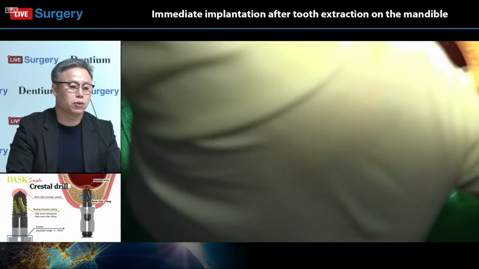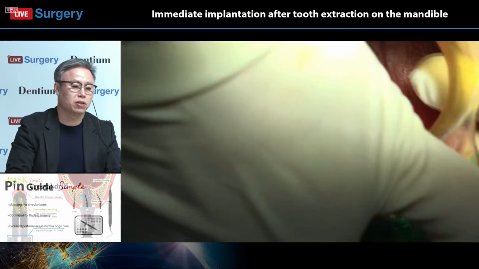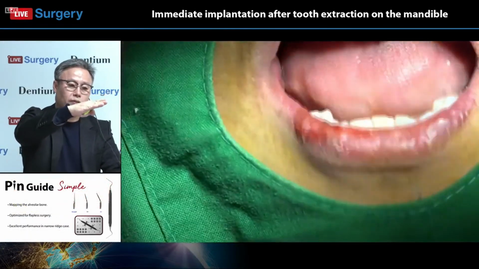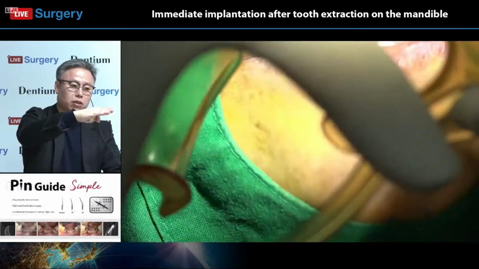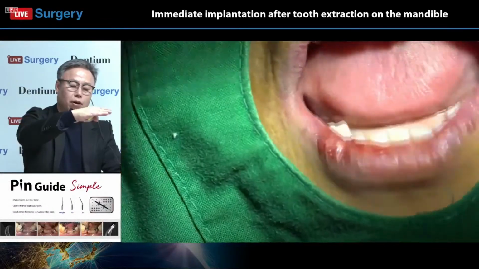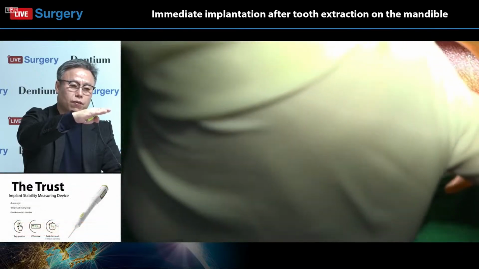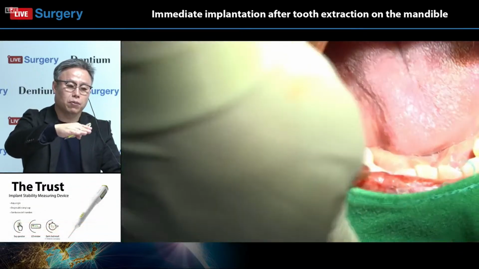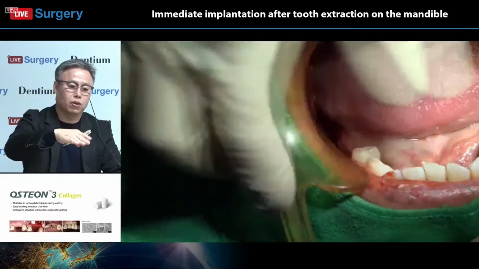I prefer using an incision, actually not a vertical incision but an oblique incision from the distal part of 44 to maybe 43 or 42.